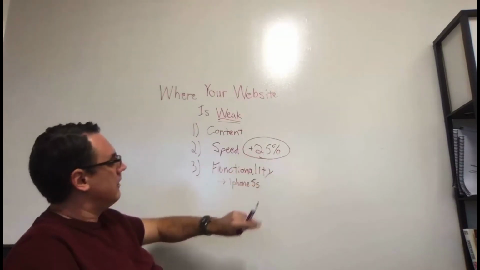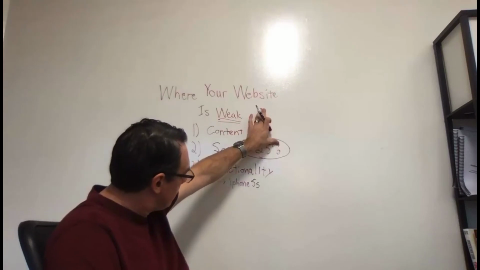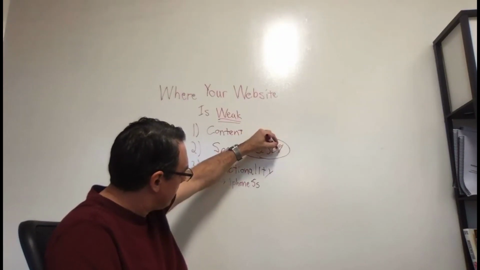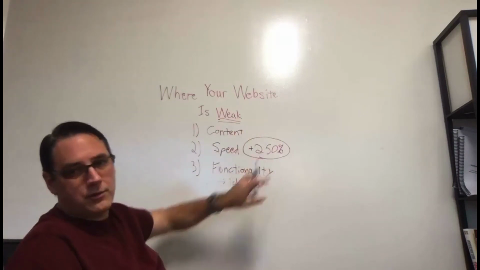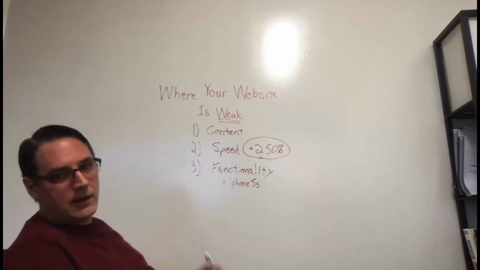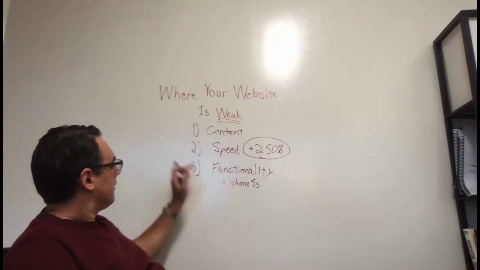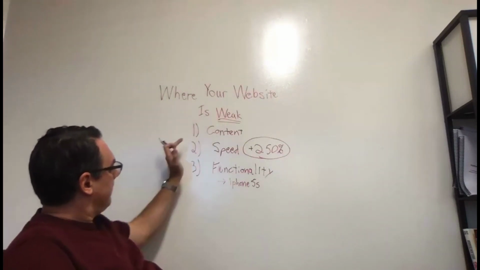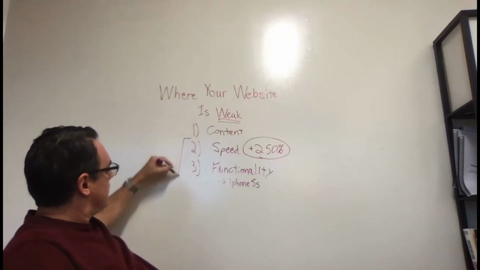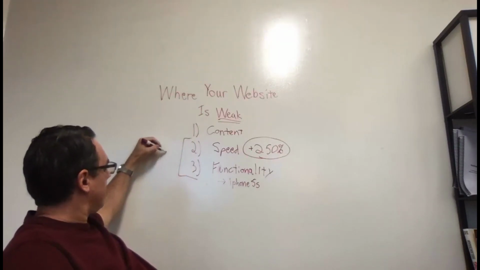Minimum. The top end of this, you can put a 0 on the end of it. Some of our clients, over 250%, just from speed and functionality. So where your website is weak, these two areas, and notice this is 2/3 of the equation, right? 2 out of 3.